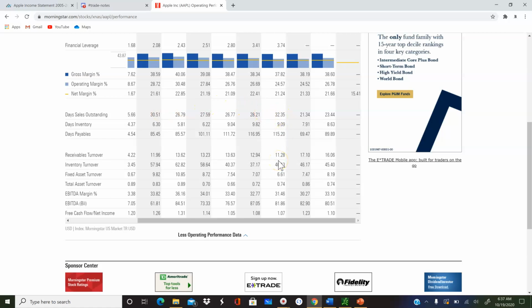That takes Apple about 32.35 days. So a little bit over a month to collect on those sales outstanding. Compare that number with competitors to see where Apple stands as far as how efficient they are with collecting on monies that they are owed.